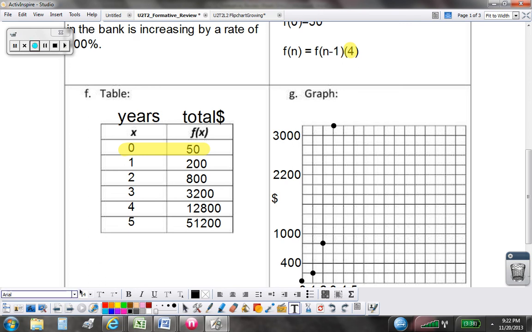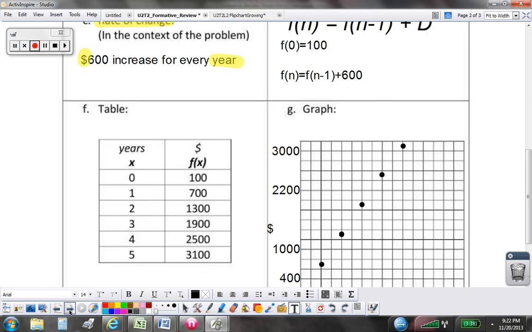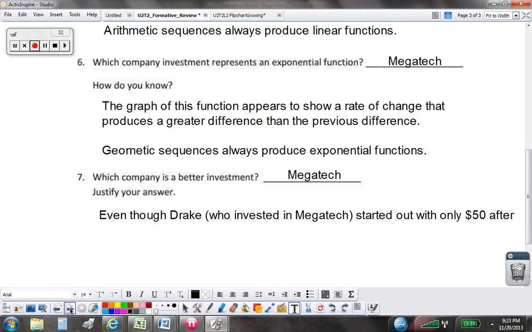So I guess in a way this is conditional. If you're investing short term, less than 3 years, Biotech would be the better investment. But if you're investing long term, I'm just going to summarize this.